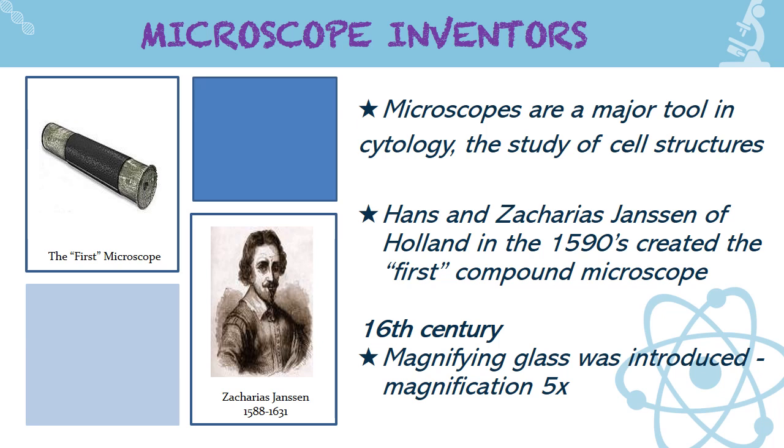This handsome guy here was an eyeglass maker named Zacharias Janssen, and Hans was his father. Hans and Zacharias Janssen created the first compound microscope in the 1590s, when magnifying glasses were introduced with 5-times magnification.